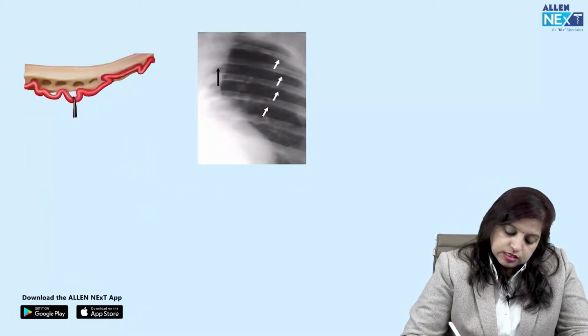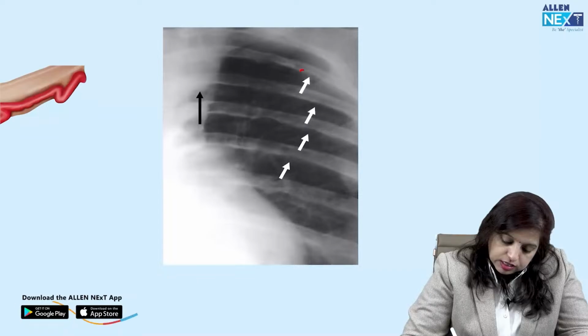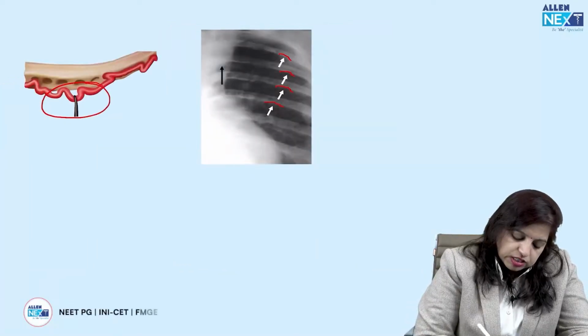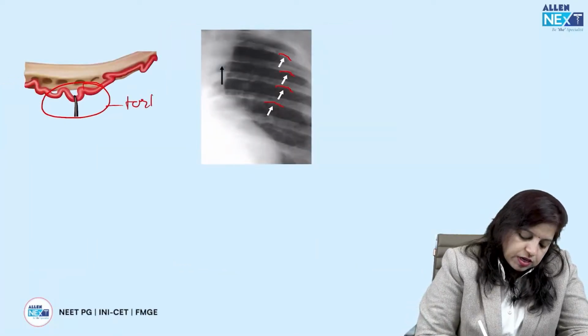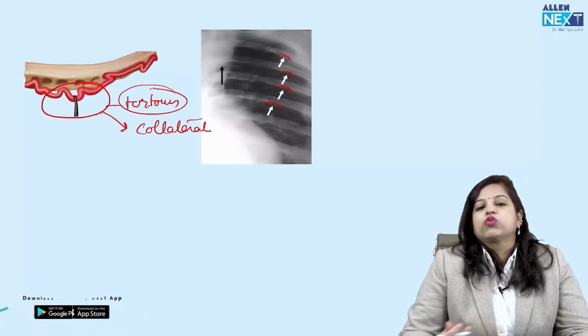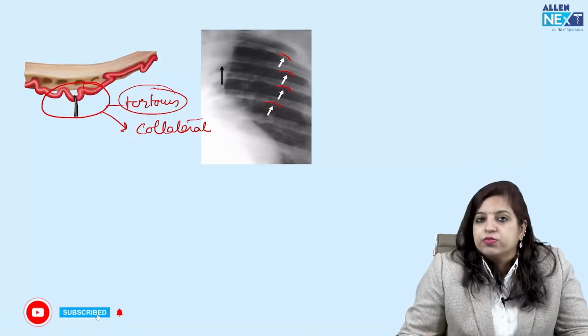Then this is the rib notching. If you can see the inferior portion of the ribs, it is notched, totally eroded. Why? Because of the intercostal arteries which become tortuous. And why do they become tortuous? Because they are supplying the collaterals. And as the blood supply increases, they become tortuous, and this results in inferior rib notching.